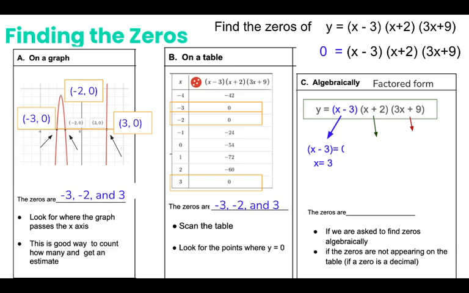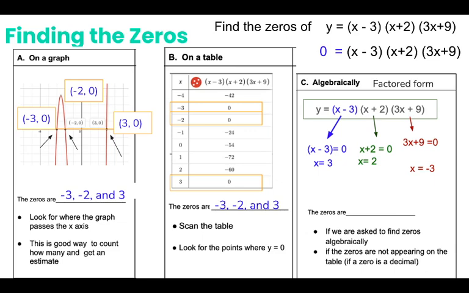If x minus 3 equals 0, I can add 3 on both sides. I get x is equal to 3. I could set the next expression equal to 0. If x plus 2 equals 0, then x would equal -2. And if 3x plus 9 is equal to 0, then x would equal -3.